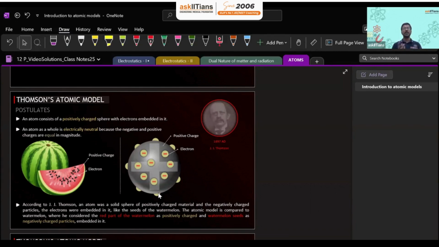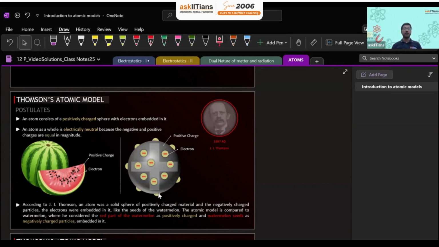The red part is the positive part of the atom, and the black seeds are the negative charge, the electrons.